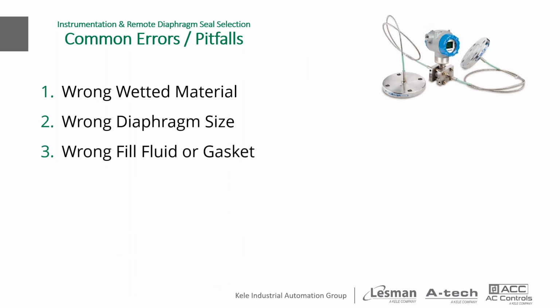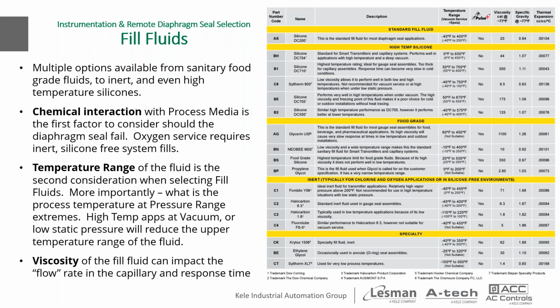Choosing the wrong system fill fluid and/or lower gasket is also a pitfall we sometimes see. A bit hard to see everything here, that's a bit intentional, but for fill fluids, we have multiple options available, ranging from sanitary food grade fluids to inert fluids and even high temperature silicones.